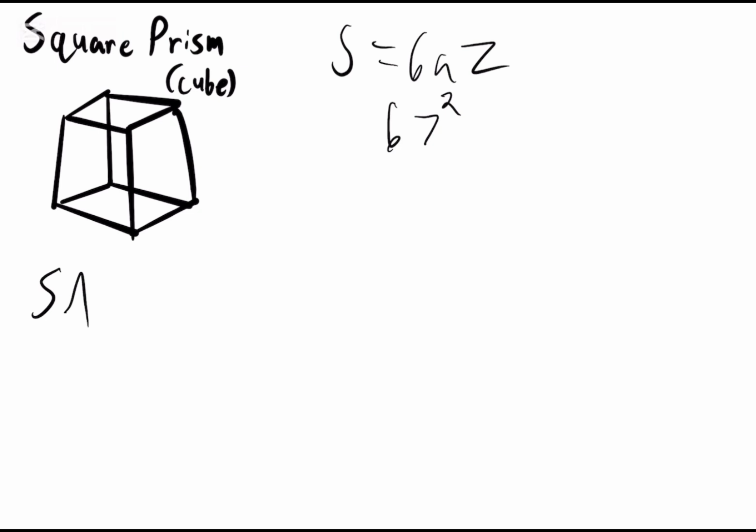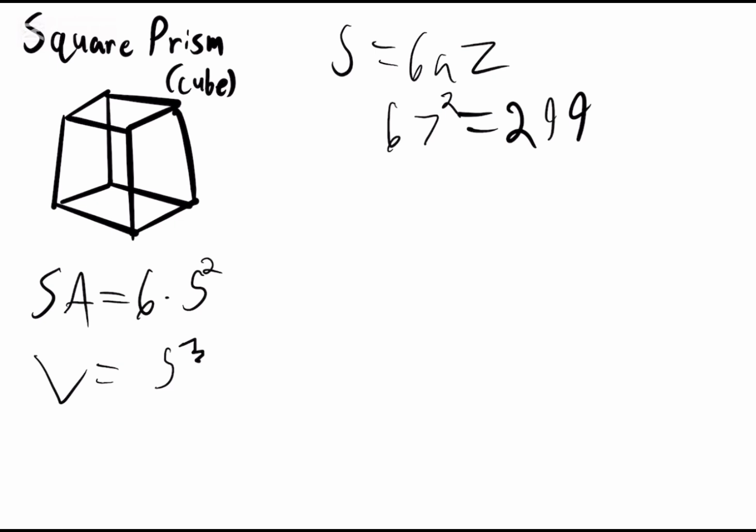So our SA would equal 6 times 5 squared, and our volume will be 5 cubed. Okay. So, using that, this would equal 299. Should be our surface area. So, surface area equals 299.